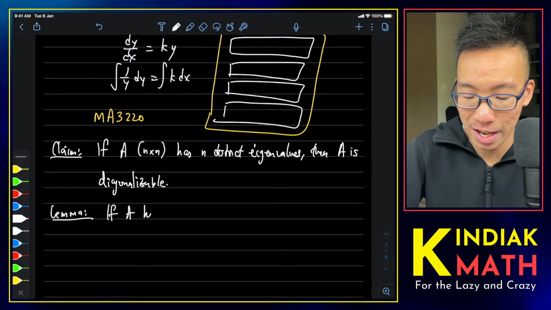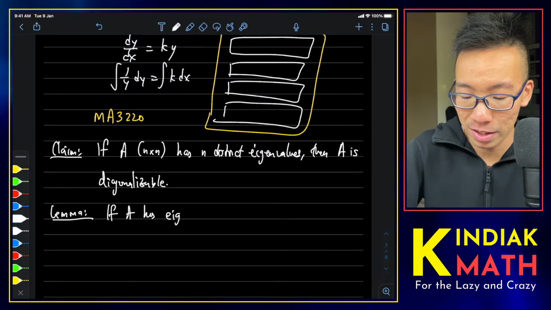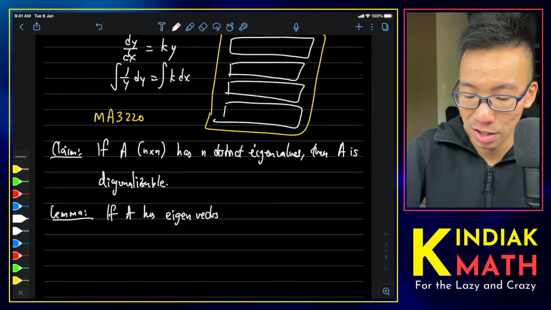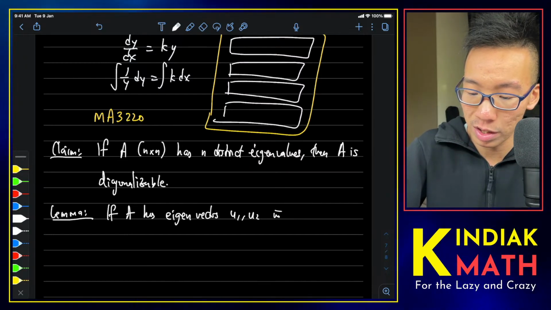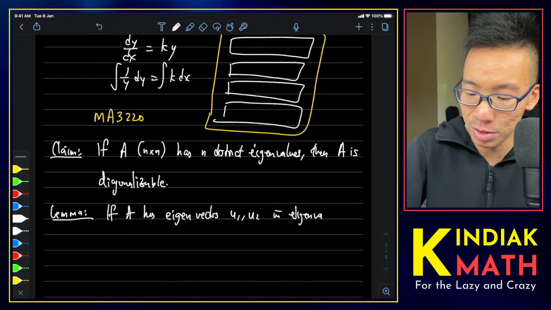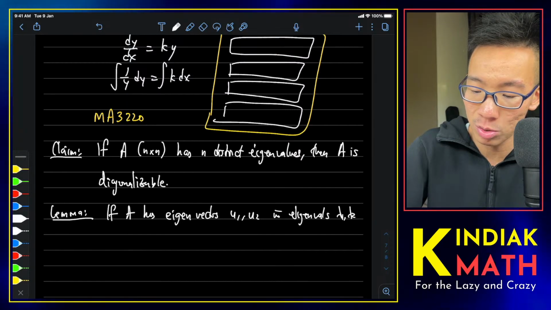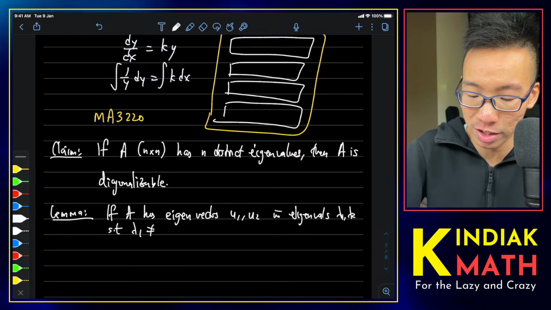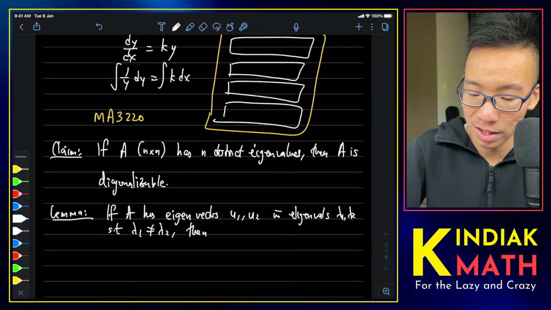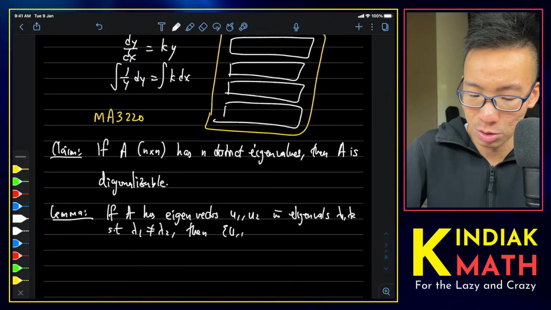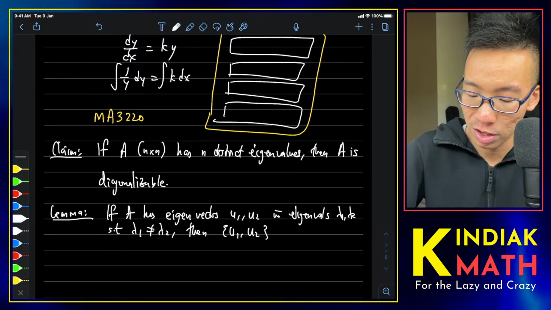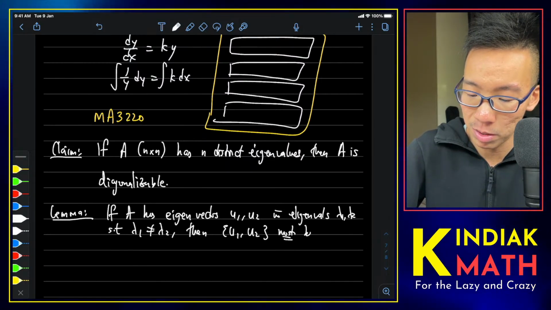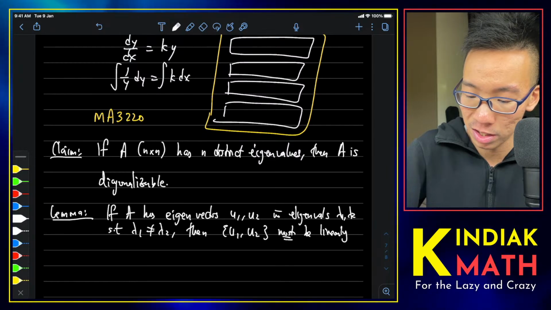If A has eigenvectors u1, u2 with eigenvalues lambda 1, lambda 2, such that the two eigenvalues are different from each other, then the set u1, u2 must be linearly independent.